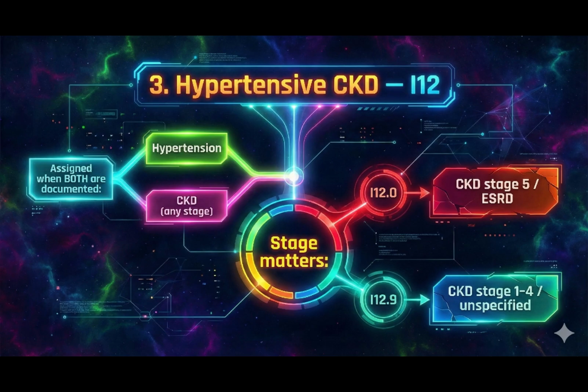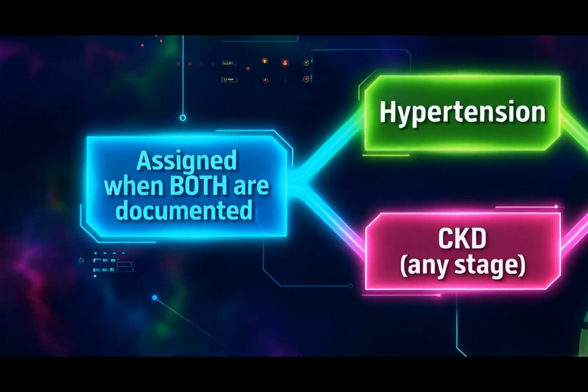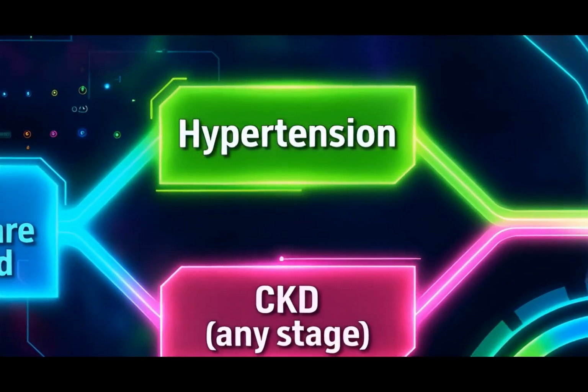Hypertensive chronic kidney disease, I12. Now let's move on to the next major hypertension combination category, hypertensive chronic kidney disease, coded under I12. Just like the previous slide, I12 codes are assigned only when both conditions are documented: hypertension and chronic kidney disease at any stage.